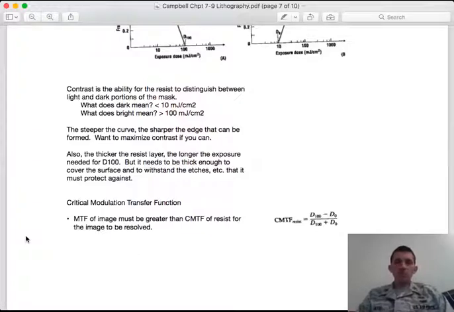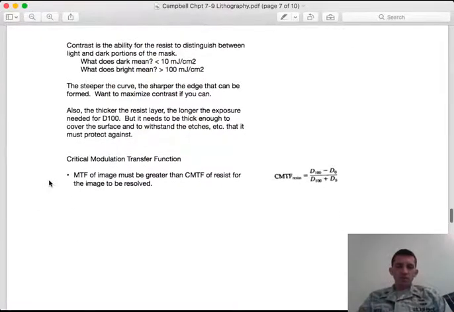Before it's removed, subsequent depositions or etching steps or oxidation are completed to make the pattern permanent. And so if you're going to have the pattern reproduced on the surface, the photoresist needs to protect the regions that it is covering from that process. And so it needs to be thick enough to perform that function.